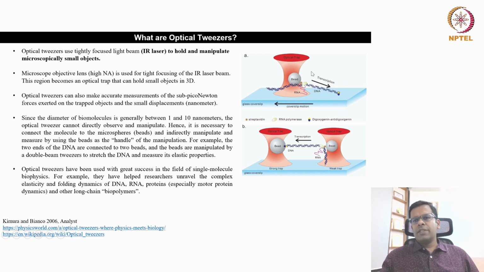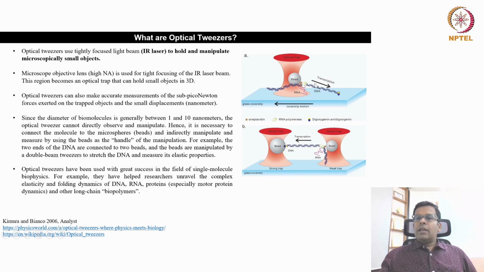Here you can see this is your glass cover slip and this is your laser beam, the infrared laser beam. This laser beam acts as a trap, and it can hold a small object such as this bead.